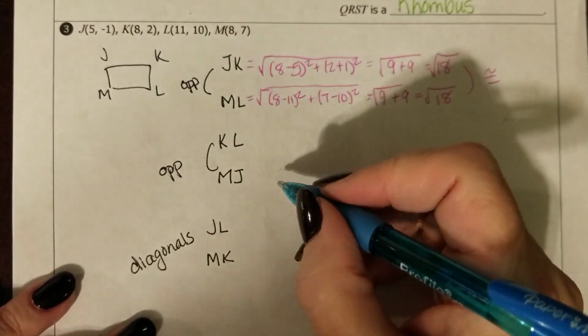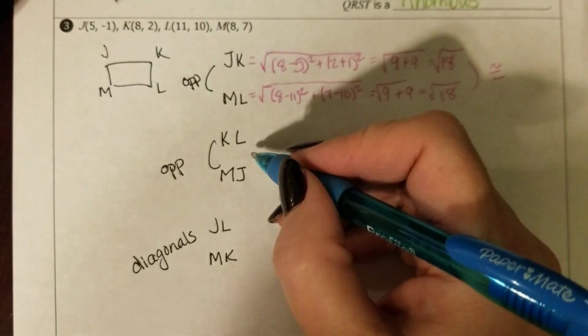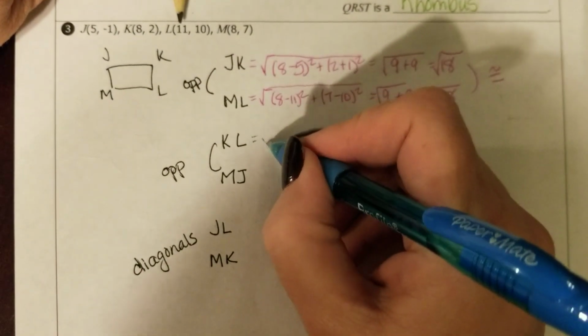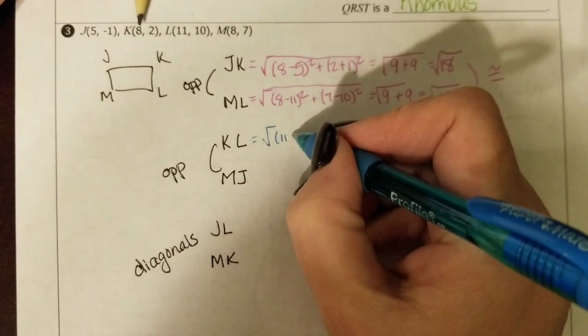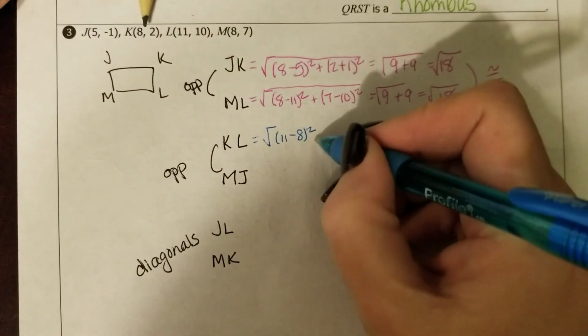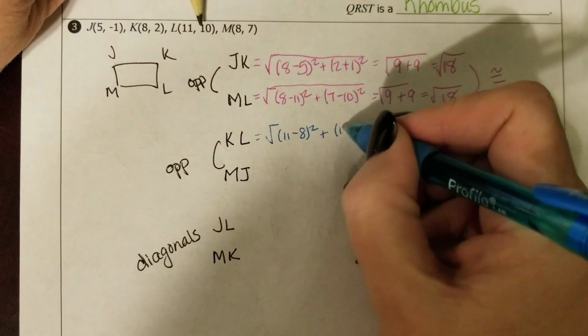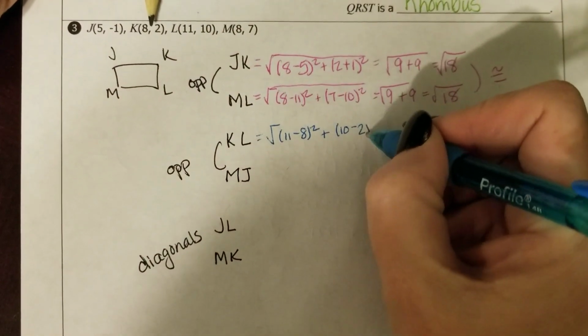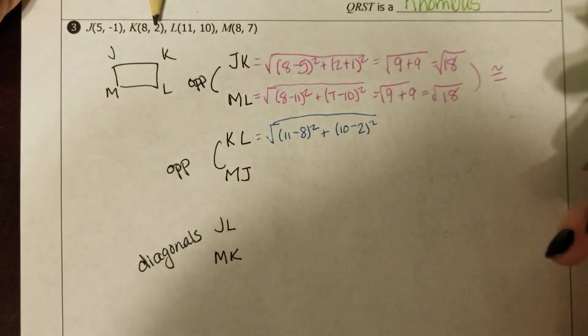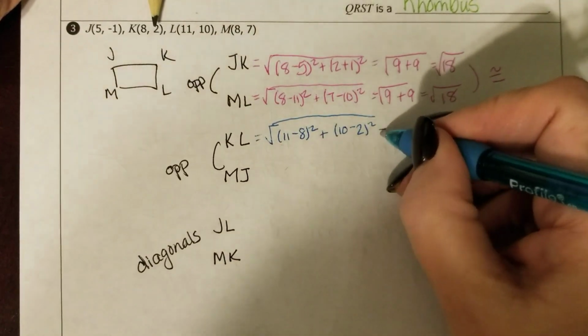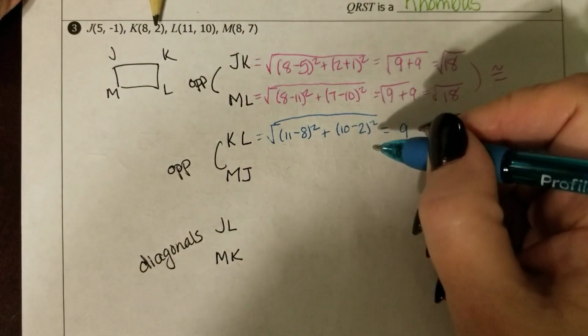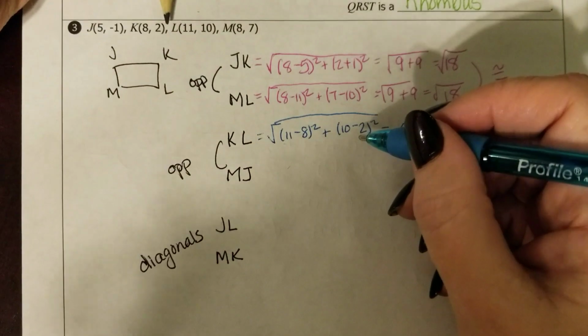Let's look at KL and MJ. KL, we're going to have the square root of 11 minus 8 squared plus 10 minus 2 squared. 11 minus 8 is 3. 3 squared is 9.